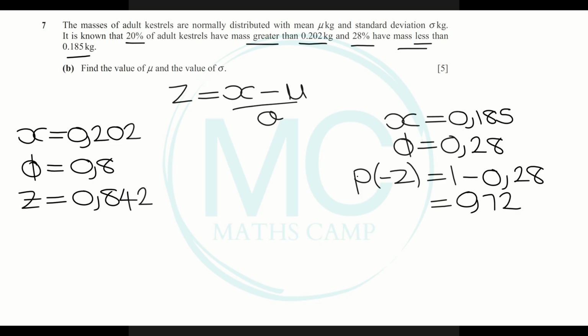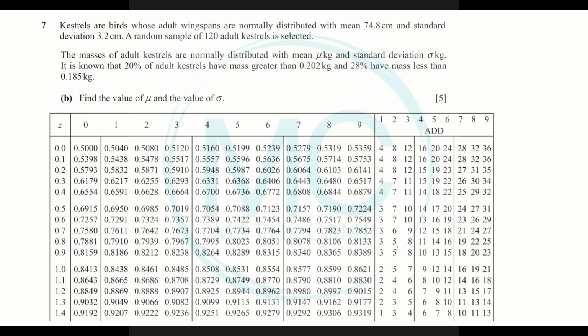Let's find the closest probabilities. We're looking for 0,72, and it will sit somewhere over here. We always consider the smaller value, which in this case, 0,7190. For this probability, Z is 0,58, but remember it's negative. I'm going to say negative 0,58.